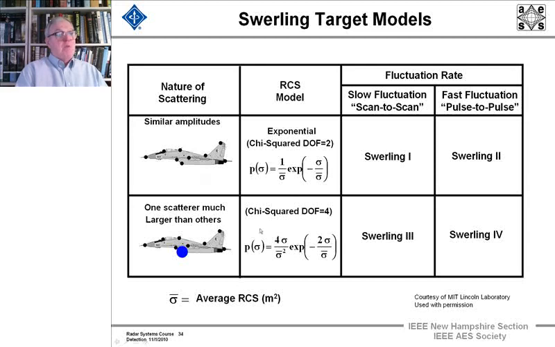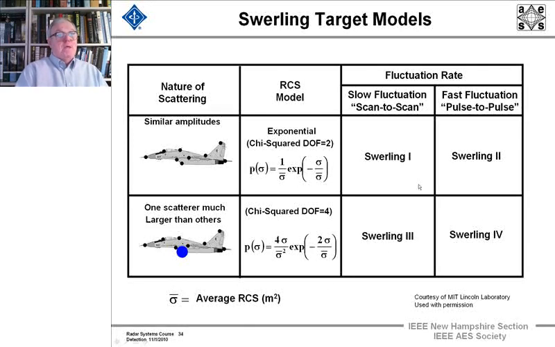And the next model is where you have one scatterer that's much larger than the others, and it's roughly equal in size to the sum of the other cross-sections, but they're at different places. And that's the chi-squared 4 degree of freedom model, and it has this functional form. And that's in cross-section. Remember, those are power units. And sigma bar is the average cross-section in meters squared.